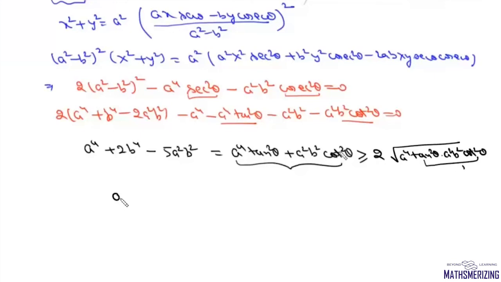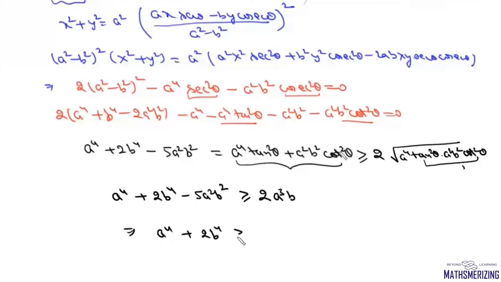So we can write a to the power 4 plus 2b to the power 4 minus 5 a square b square should be greater than or equal to 2, and here we'll get a cube b. So a to the power 4 plus 2 b to the power 4 is greater than or equal to 5 a square b square plus 2 a cube b.